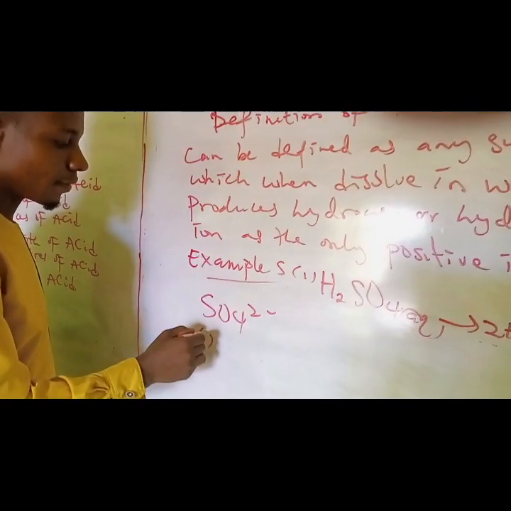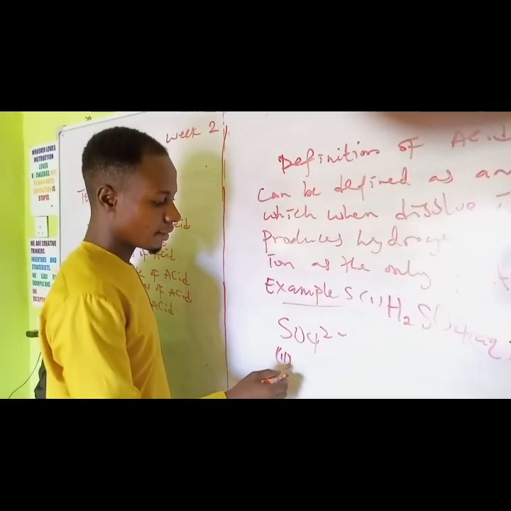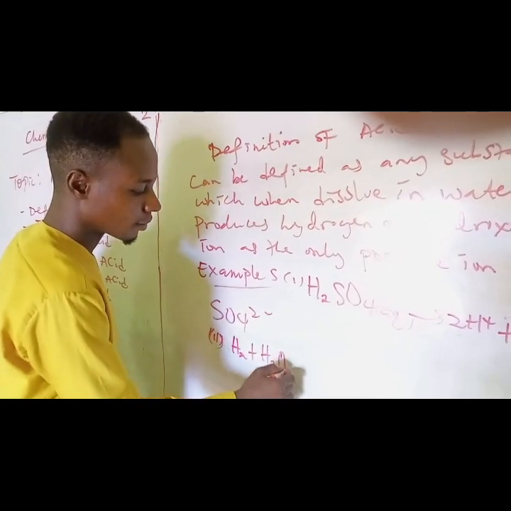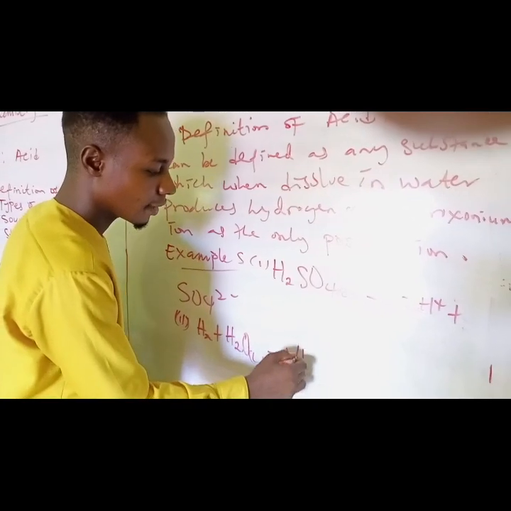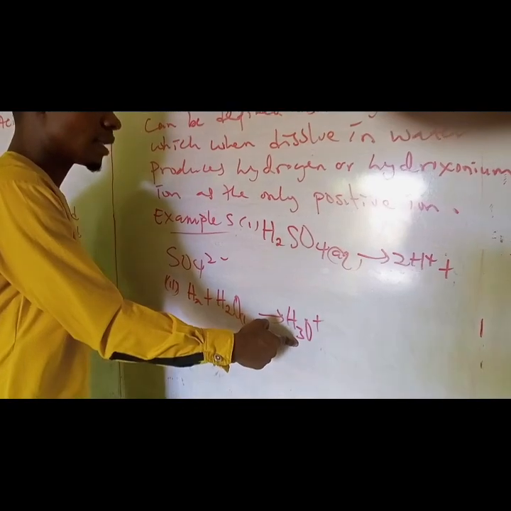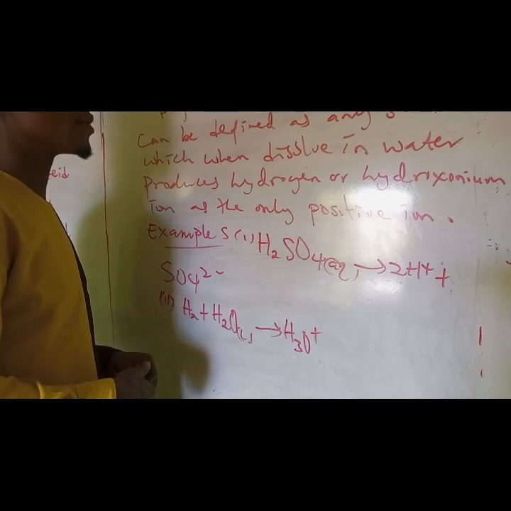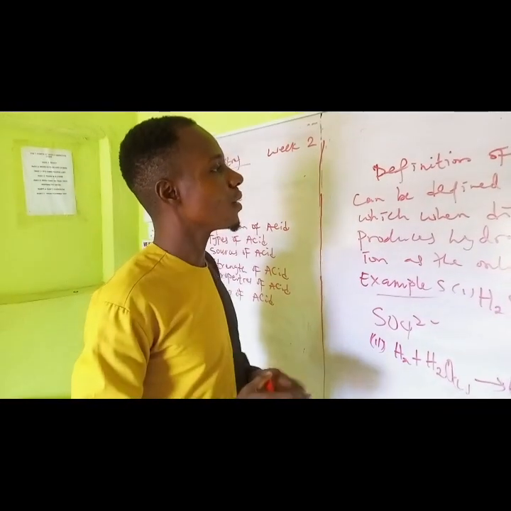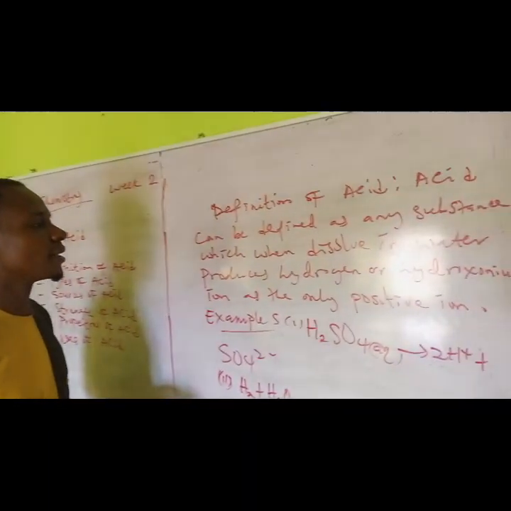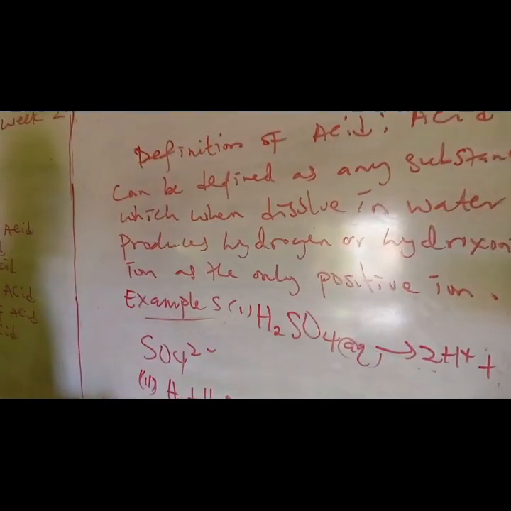If you are asked to give another example, you can say dissolving hydrogen gas in water. When you do that, you're going to have H3O+. This is called hydronium ion. So you can see that in this solution, we have hydronium ion. So you can say that an acid is any substance which, when dissolved in water, produces hydrogen or hydronium ion as the only positive ion.